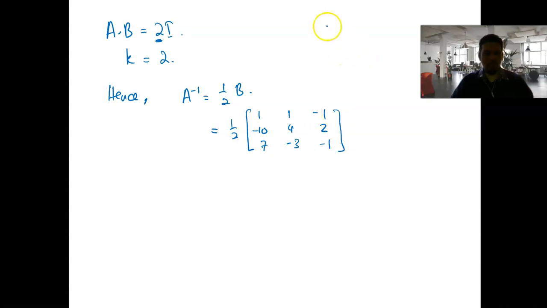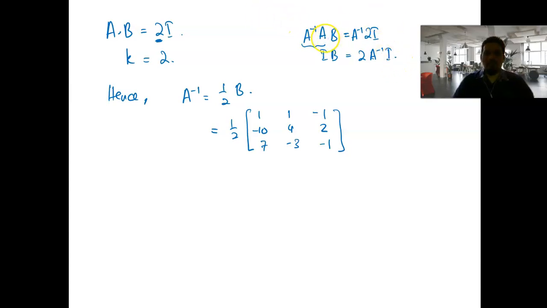Okay, as we know that AB equals 2I, we multiply by A inverse on the left and right side. So the A inverse multiplied with A is going to give you an I, and on the other side we have A inverse multiplied with 2I.